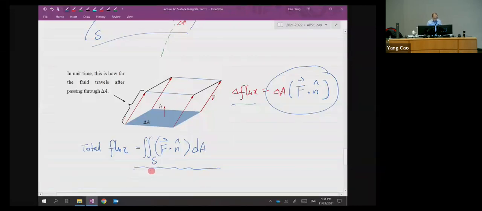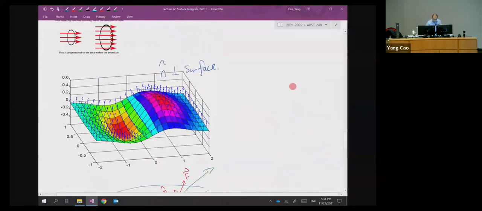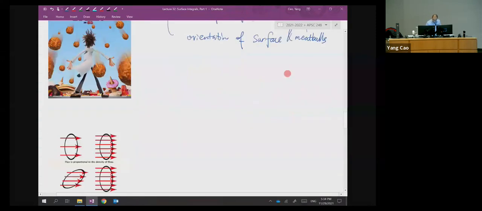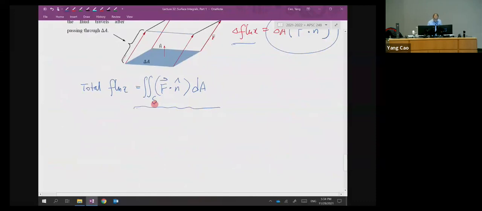Now if you look at the equation shown here, does this equation actually cover the three factors that we have discussed? If you look at the three things that affect the flux: the information of the vector field, the size of the surface, and the orientation of the surface versus the field F. If you look at this formula, S is right here, so the bigger S, the more flux. And F is right here.